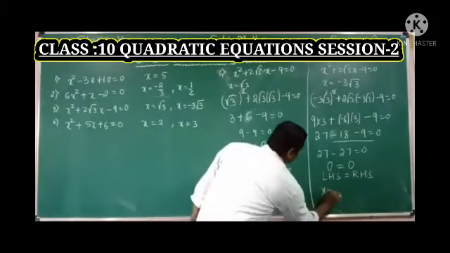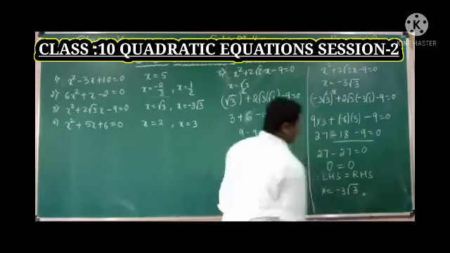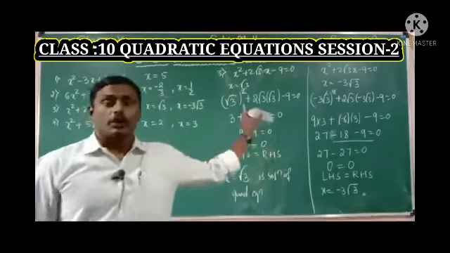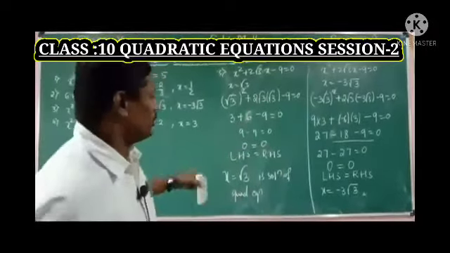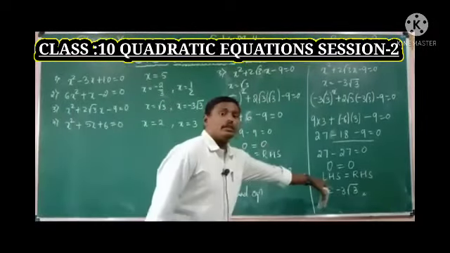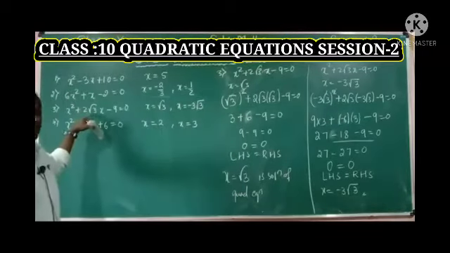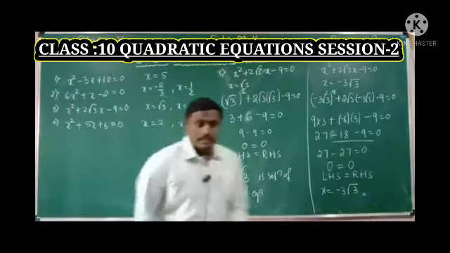Here x is equal to minus 3 root 3 is also one of the solutions, or one of the roots of the quadratic equation. Okay, so these are the two roots of the given quadratic equation, x square plus 2 root 3 x minus 9.